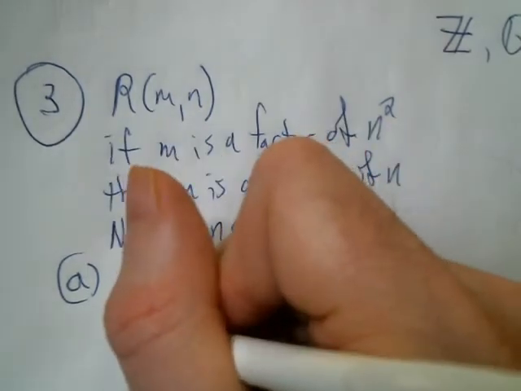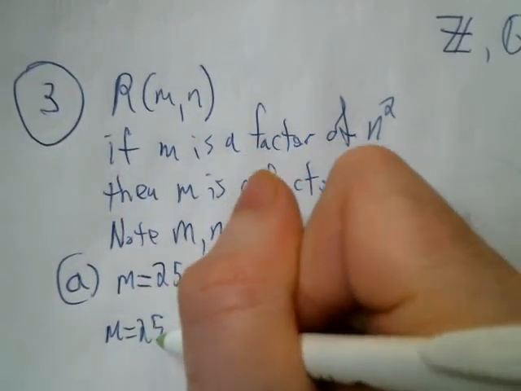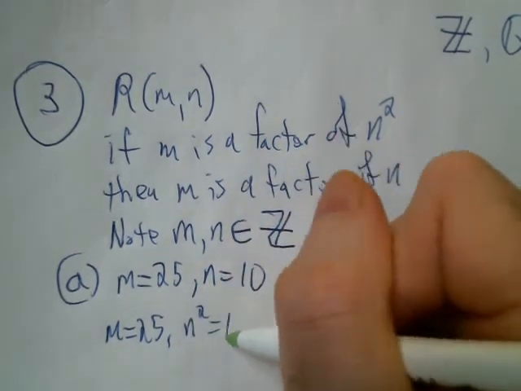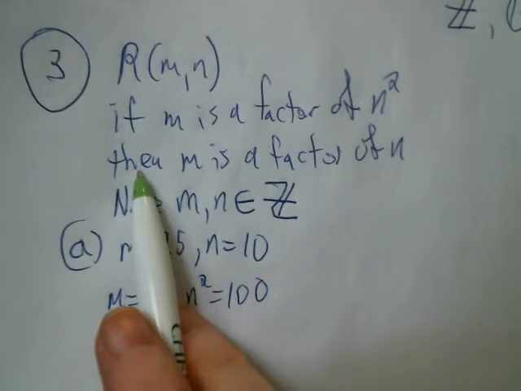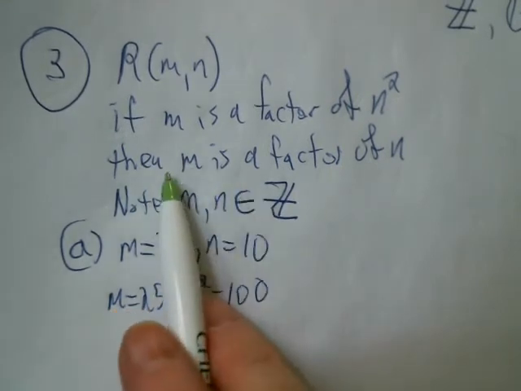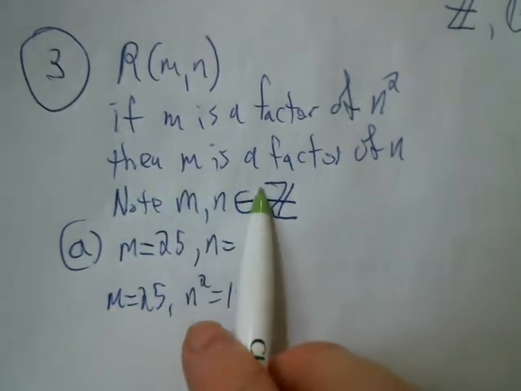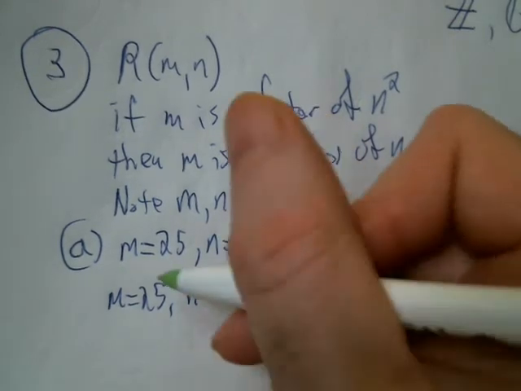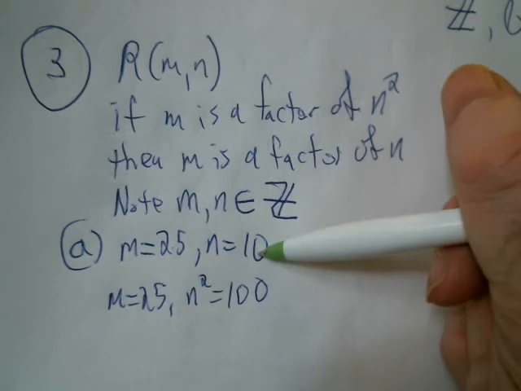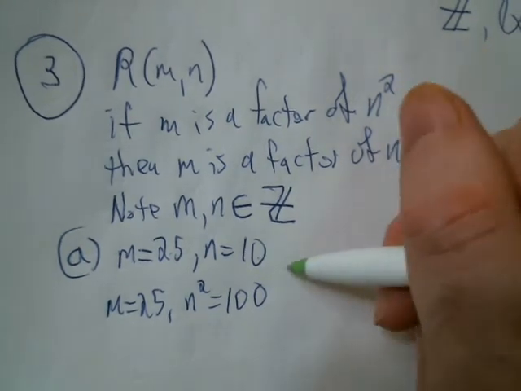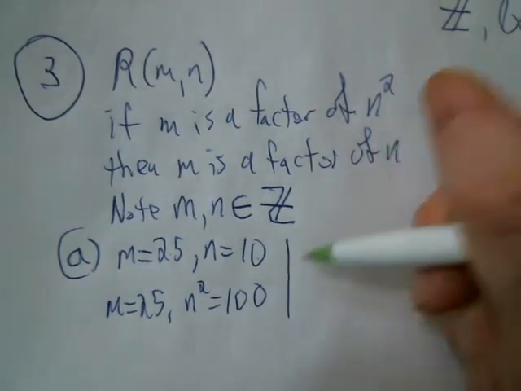So note that m is 25 and then n squared is 100. So 25 is a factor of 100. But then it says it should follow that m is a factor of n, which is not true. 25 is not a factor of 10. Okay, so that does not work, and that's why it's not true.